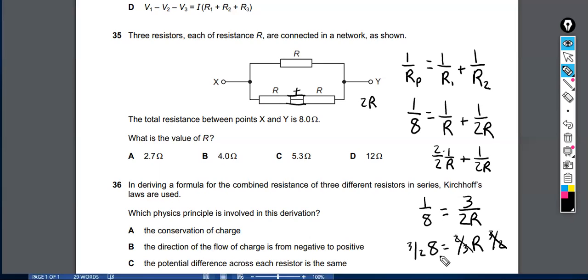R equals 3/2 times 8. 8 times 3 is 24, divided by 2 is 12, which is 1.5 times 8. Any questions on that one?